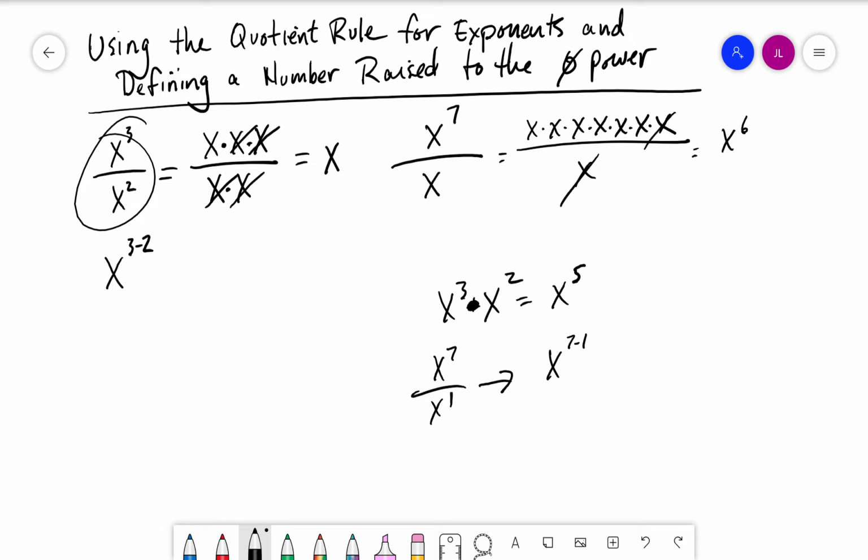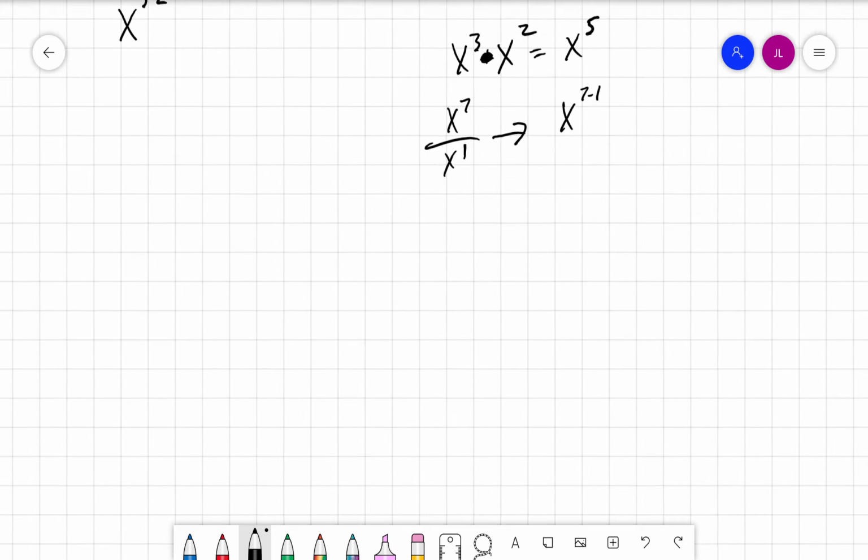Okay, now basically we're looking at the quotient rule for exponents.